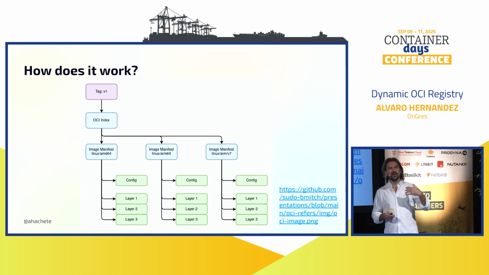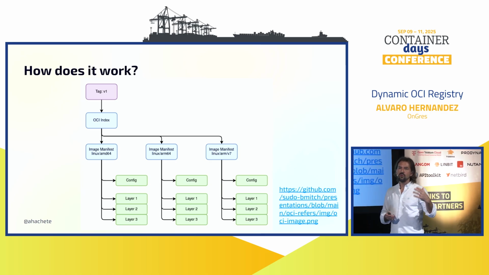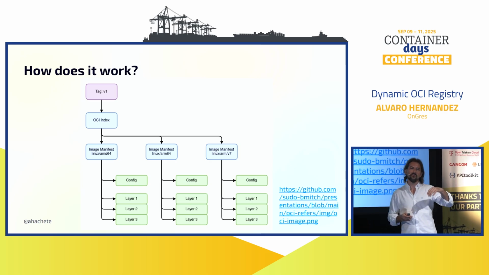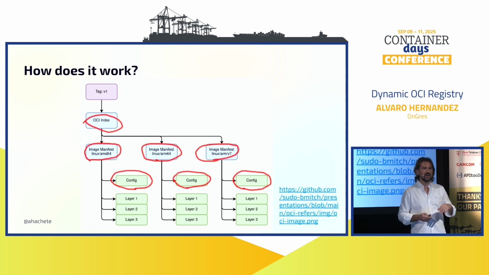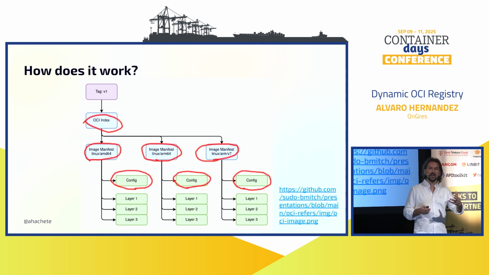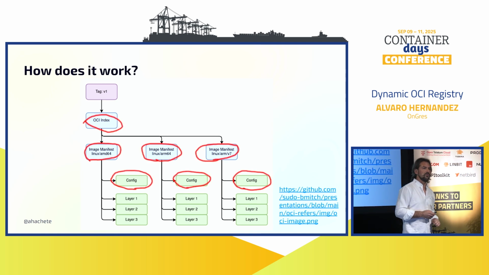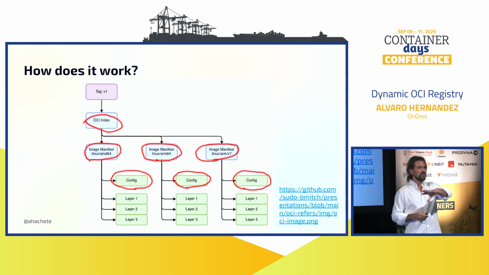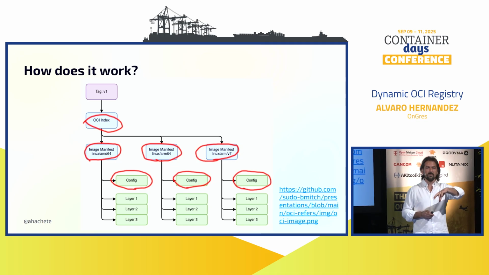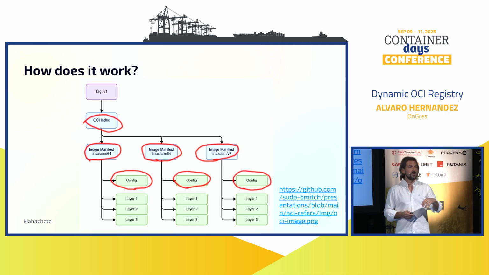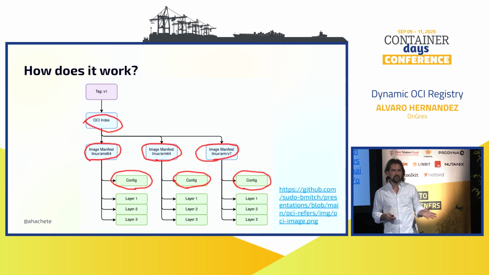So if we want to generate a dynamic image, assuming that we already have a set of layers pre-existing, the only thing that we need to modify or generate dynamically are these areas highlighted in red. And this is obviously for a full-fledged multi-architecture image with its index and all that. For single architecture images, it's obviously simpler because I just need to modify a couple of those.